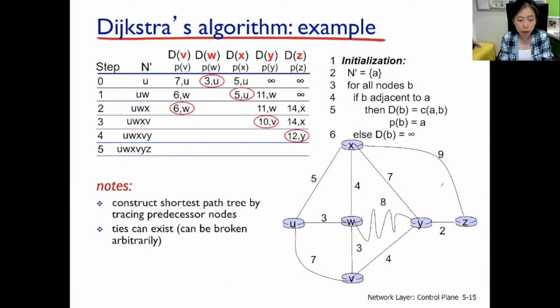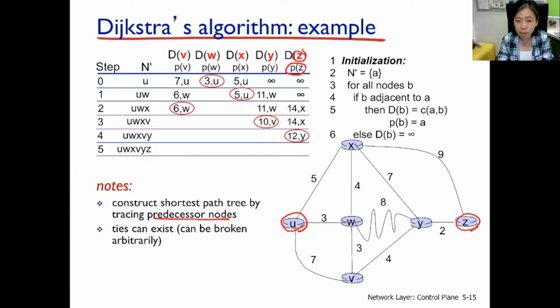Just a couple more notes. To construct the shortest path to a particular destination from the source, say from U to Z, what it needs to do is just track the predecessor node and trace it all the way back to the source. So Z is the destination.